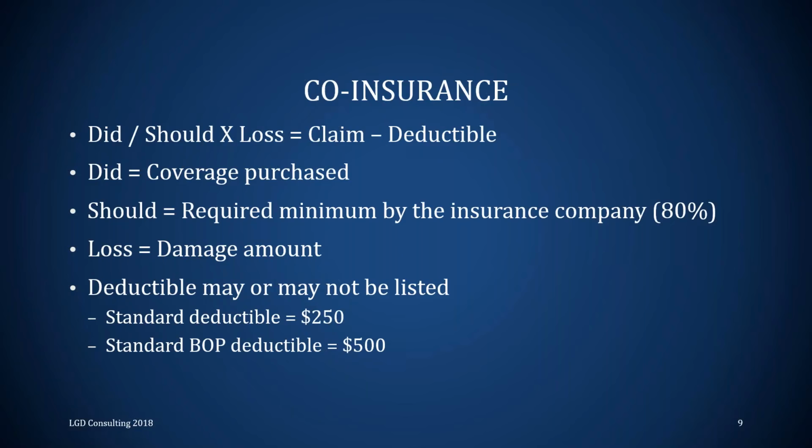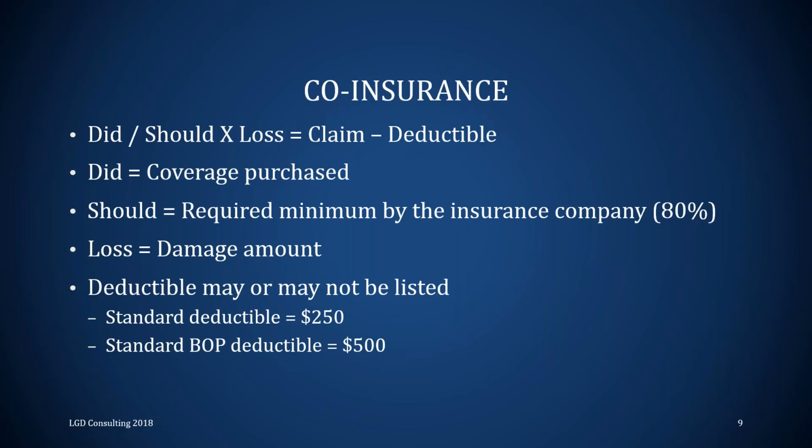Now, sometimes this test may actually give you a specific deductible, like $1,000. If you read standard deductible, that's $250 on all of our products except for a business owner policy. On a business owner policy, the standard deductible is $500. But a lot of times on these questions, it's actually going to give you a deductible.